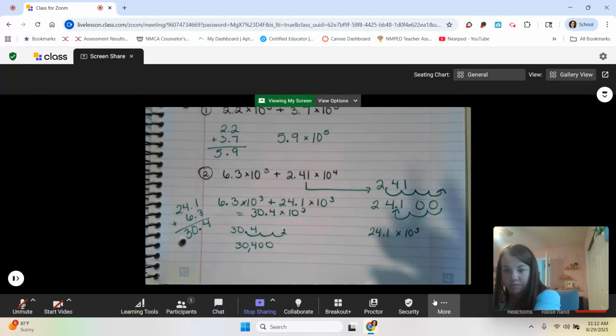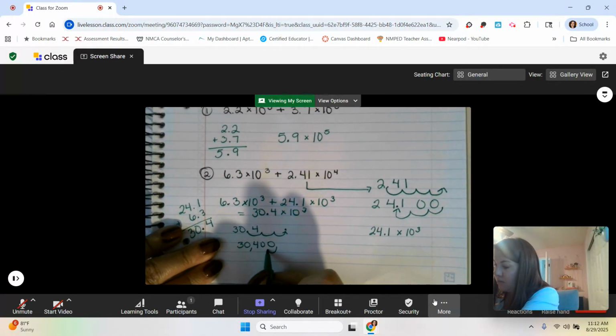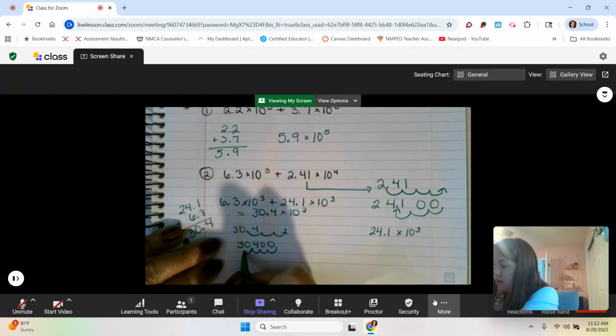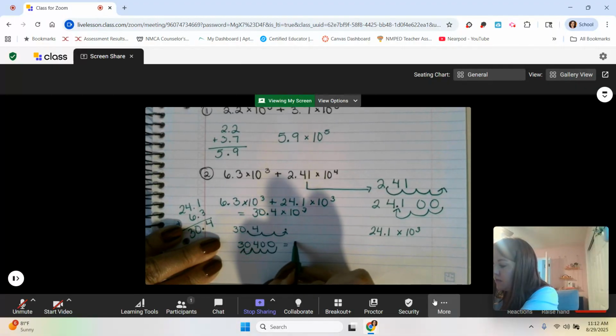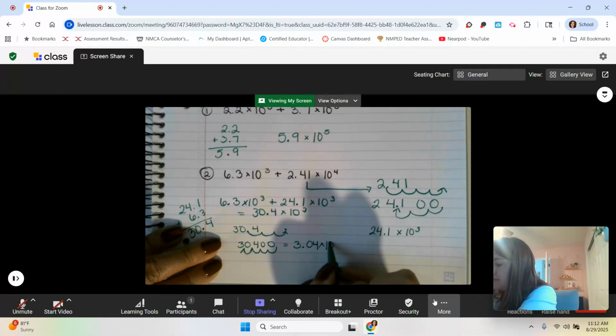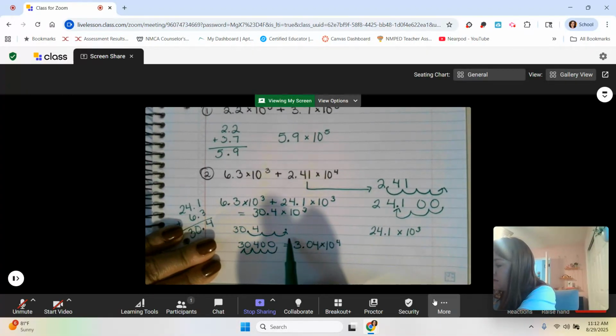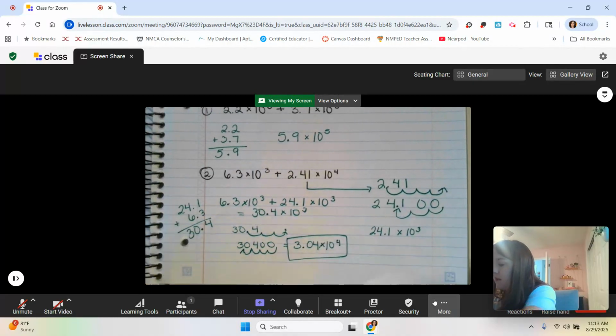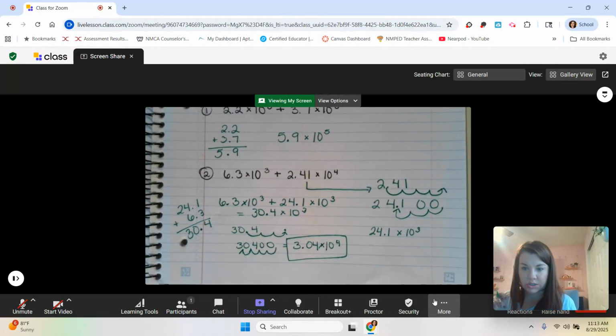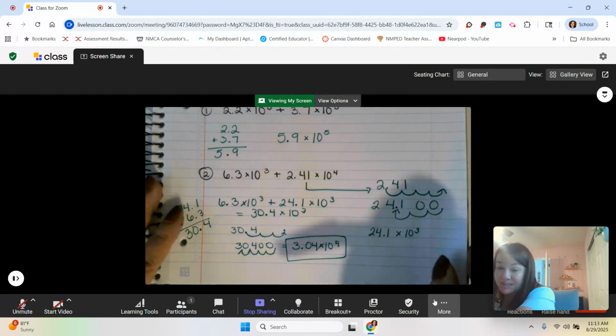Well, now I can go 1, 2, 3, 4, giving me 3.04 times 10 to the 4th. And that would be my final answer. So there's a few steps. I know it takes going back and forth, but until we're really used to working with these numbers, I hope this process helps you.